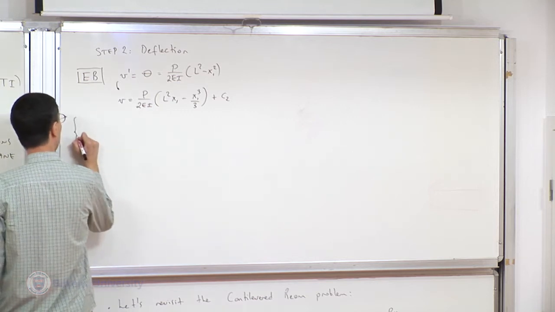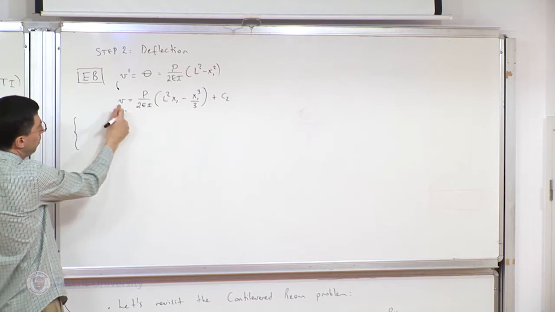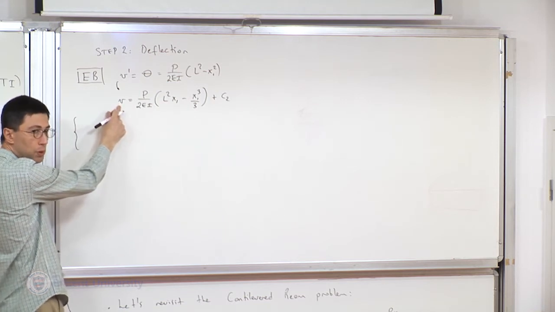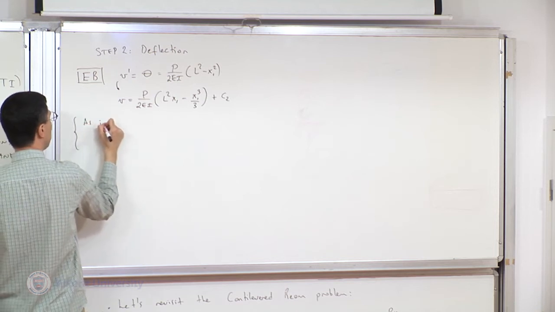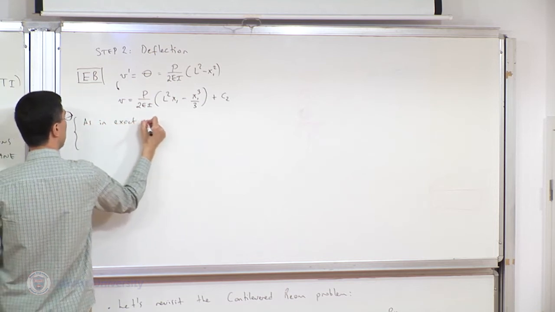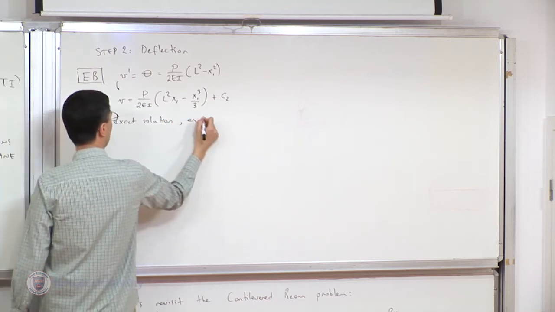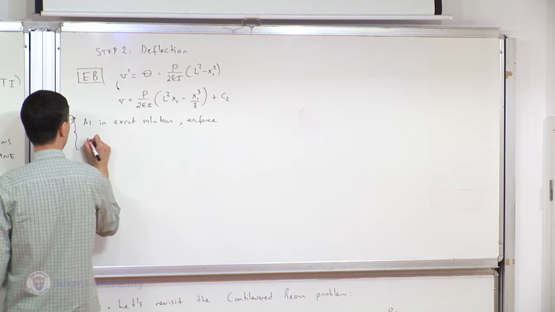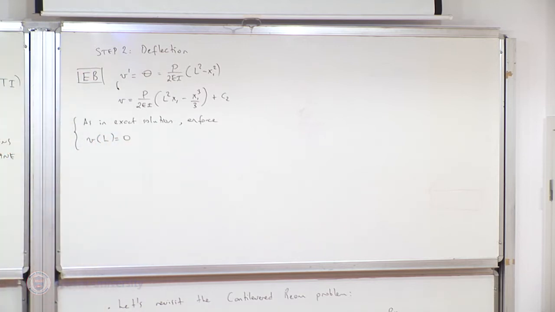So in the exact solution as well, we did something similar. Well, obviously, where the support is, we don't expect any deflection. And therefore, again, as in exact solution, enforce V of L to 0. Again, in the exact solution, V at L is equal to 0.